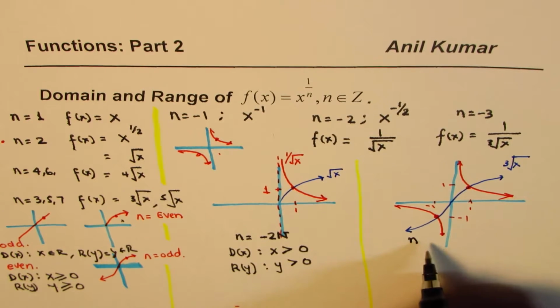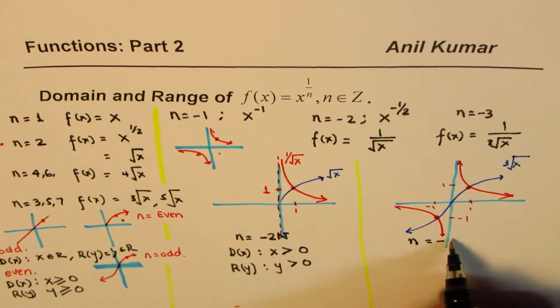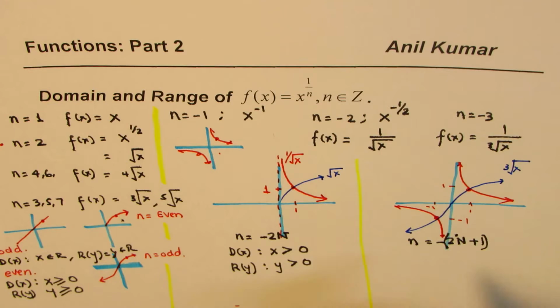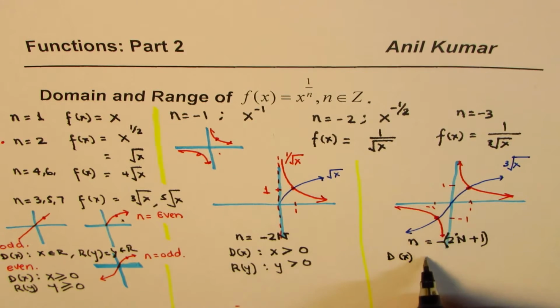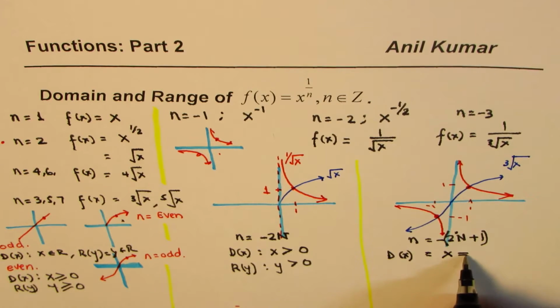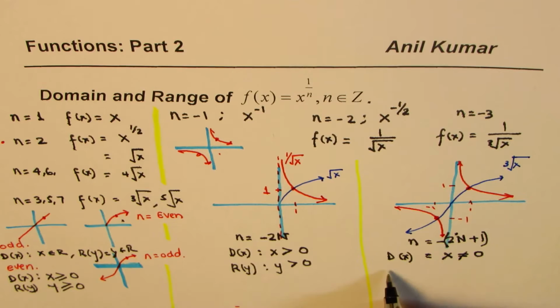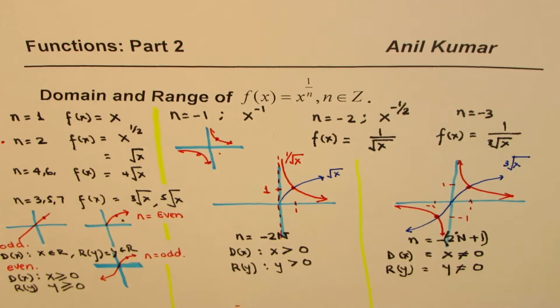But if n is odd, that is, we are saying negative odd, so negative, let's say it is 2 times n plus 1, that ensures that it is odd, minus of (2n minus 1). In that case, the domain will be all real numbers except 0. So x is not equal to 0. It could be anything else, but not 0. And as far as the range is concerned, y is not equal to 0, right?